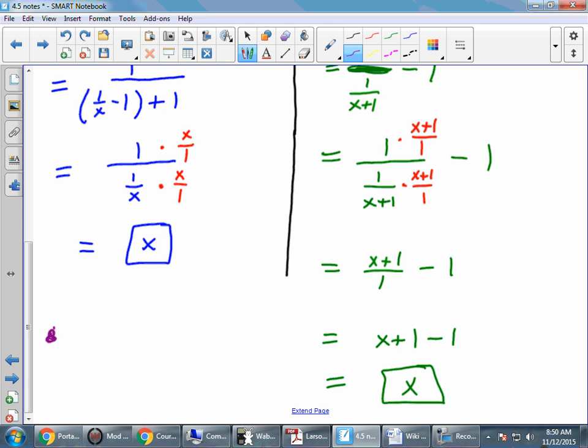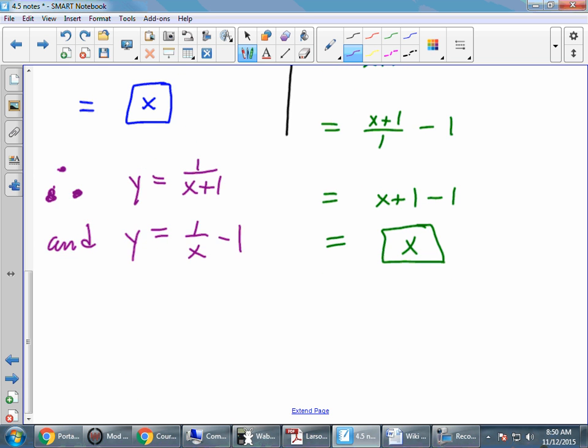Okay, check it out, everybody. Therefore, y equals 1 over x plus 1, and y equals 1 over x minus 1. Say it, are what? Inverses.